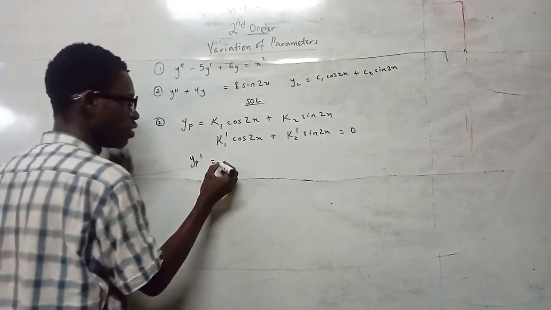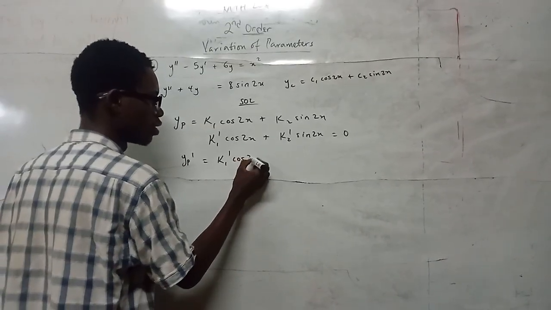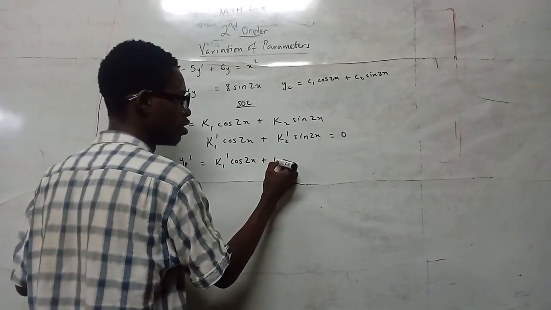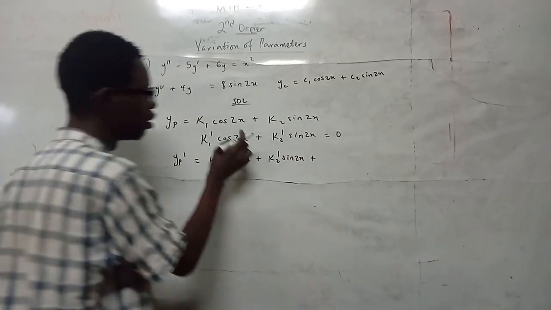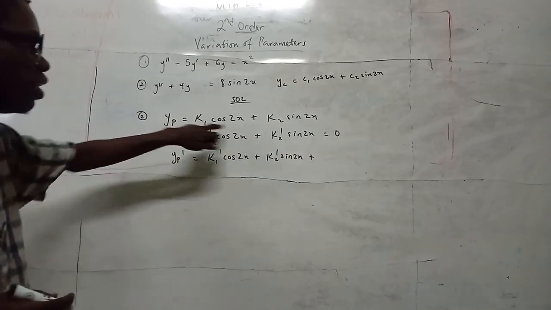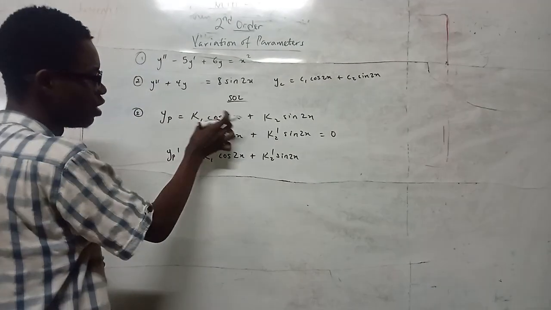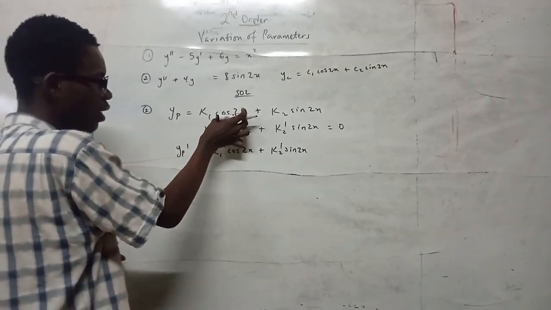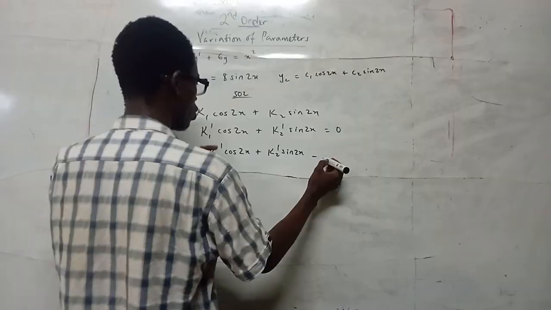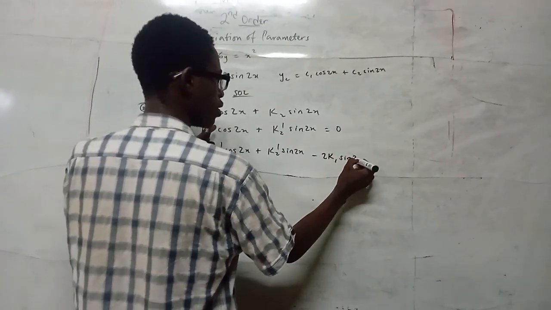Yp, the first derivative, will now give me k1 prime cos 2x plus k2 prime sine 2x. I differentiated the k first. Now I'm going to differentiate the other part using the product rule. If I differentiate this second part, I'm going to get minus 2k1 sine 2x.